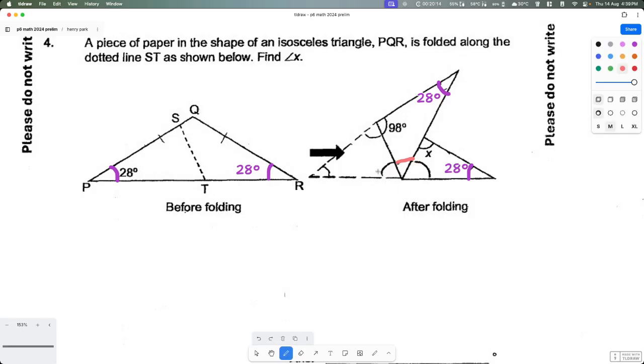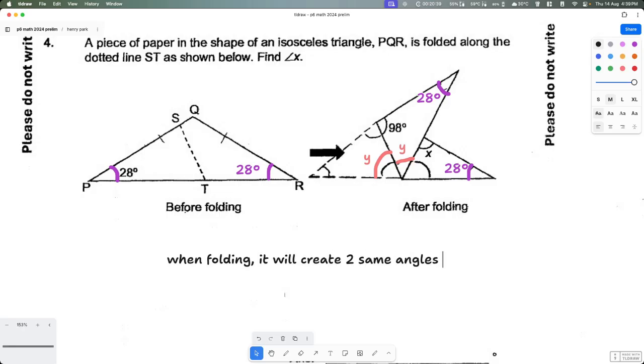This is what I don't like about when people draw for me, but basically this. Okay, so y and y, I'm going to put two y's. Okay, so basically when you fold them up, this will create two of the same angles. So when folding, it will create two same angles.